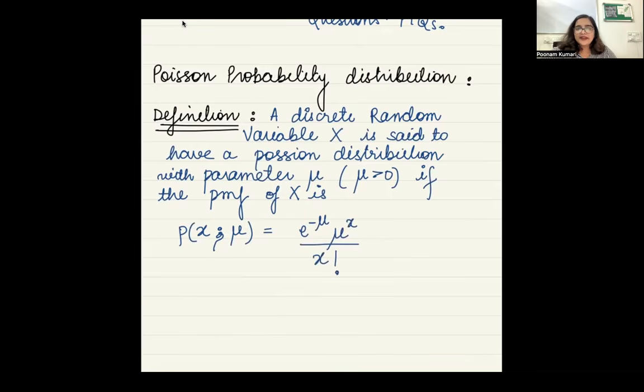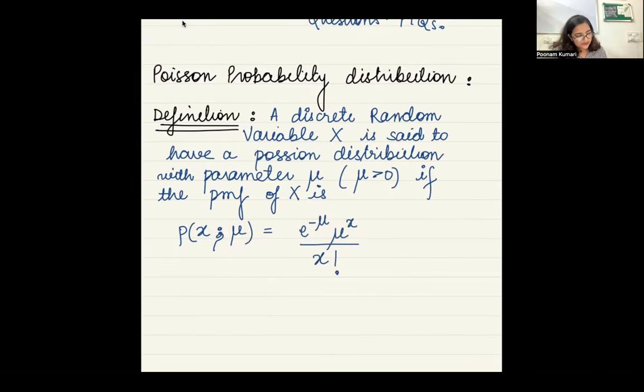This looks like a complicated expression, but don't worry. It's very simple. Whatever your mu parameter is, just do e raised to the power minus mu. Whatever is the value of mu, just do the power x. Let's also describe what all possible values x can take.